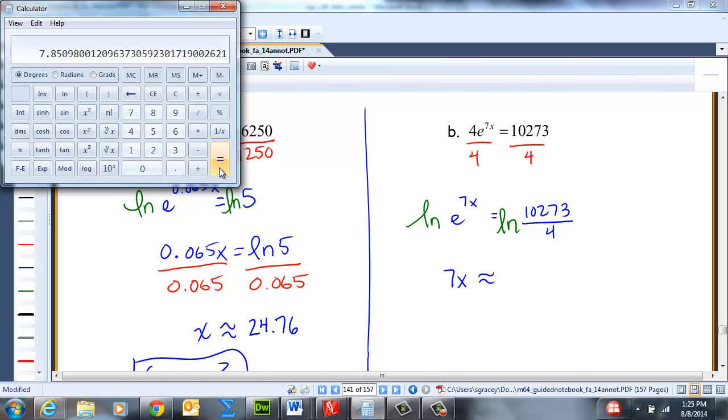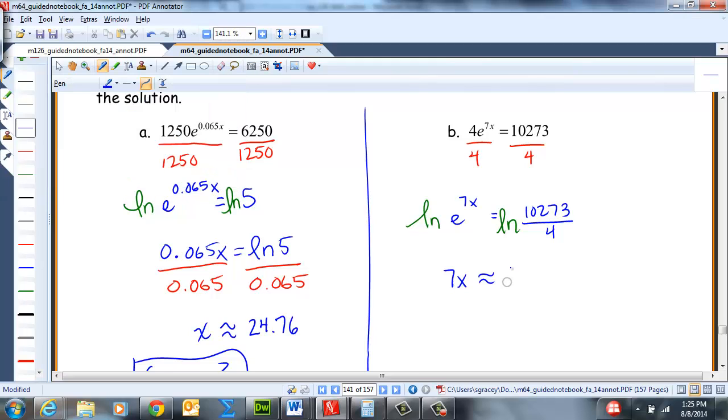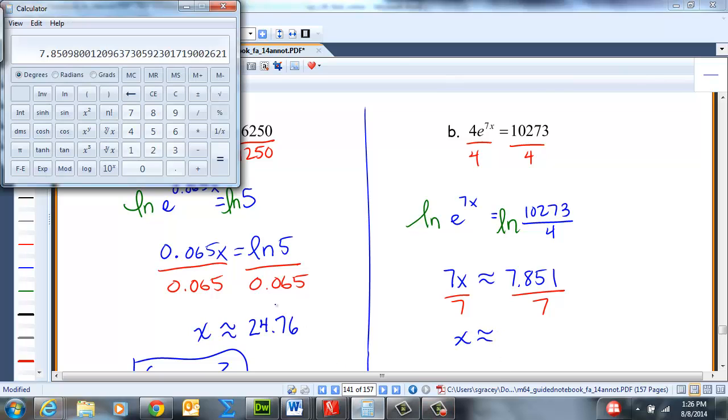So 7.851, and then I'll divide by 7. We'll get x is approximately 1.12.